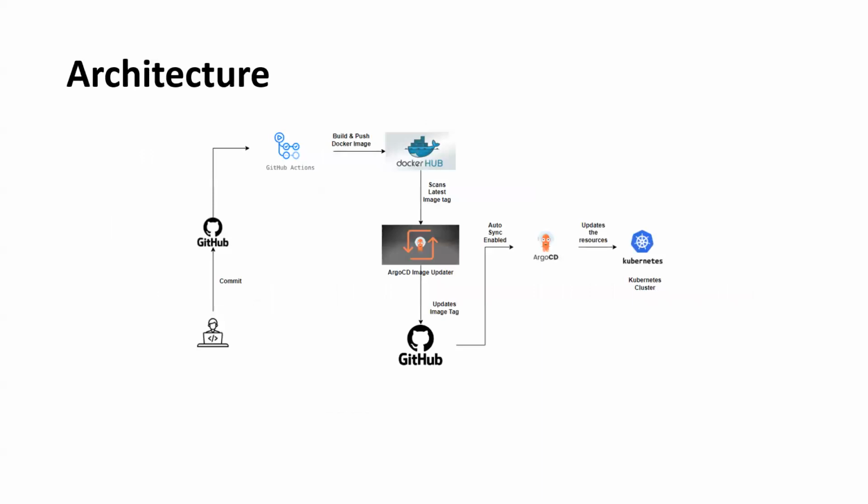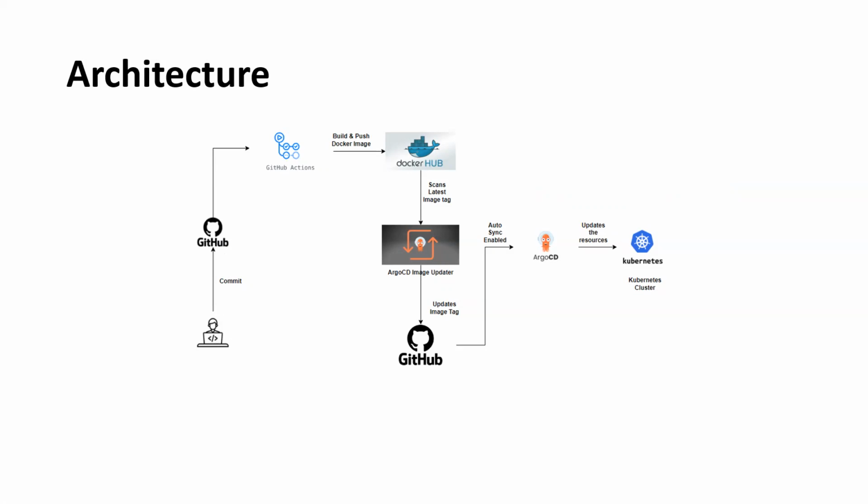So let us look at the architecture diagram. This is the architecture we are using to deploy the application on the Kubernetes cluster. The developer commits the changes to GitHub, and GitHub Actions will trigger the workflow, and it will push the Docker image to Docker Hub.